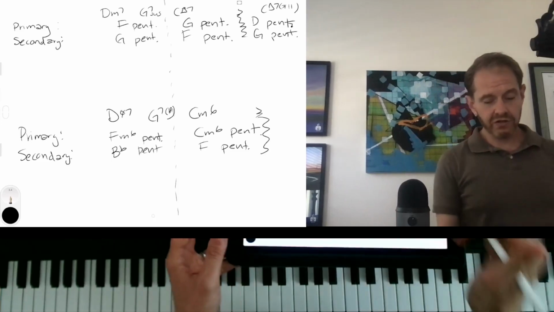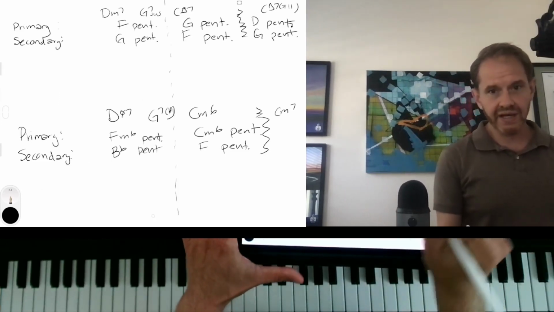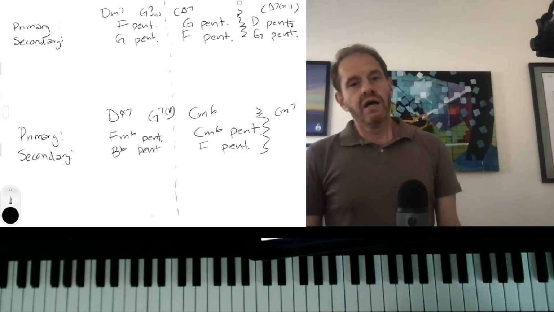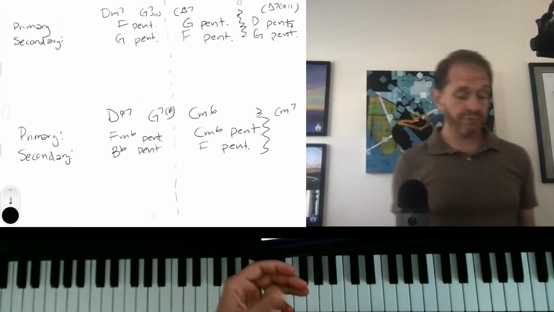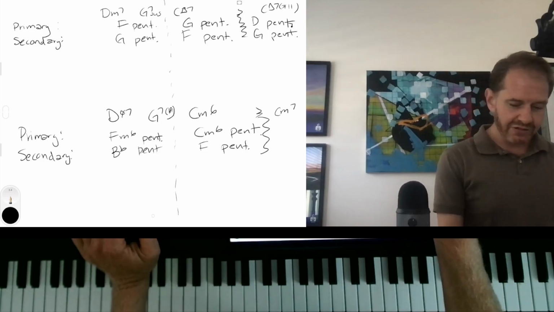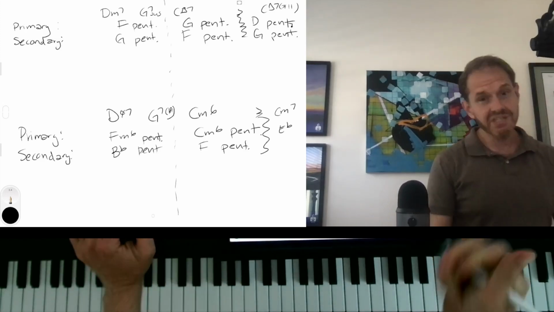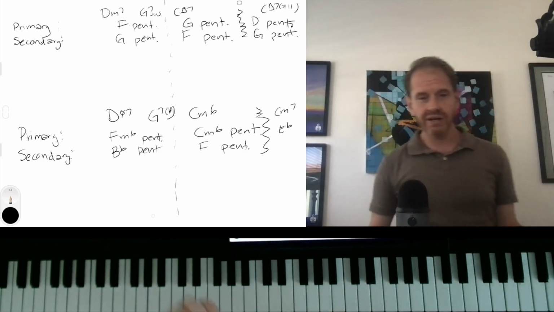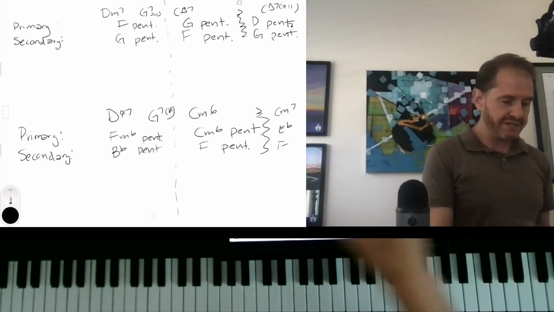Similarly, we often use a Dorian mode in modal playing instead of using melodic minor for the 1 chord of the minor 2-5-1. And if we do that, I would use E flat major, which is the same as C minor pentatonic, as your primary, and I'd keep F as the secondary.